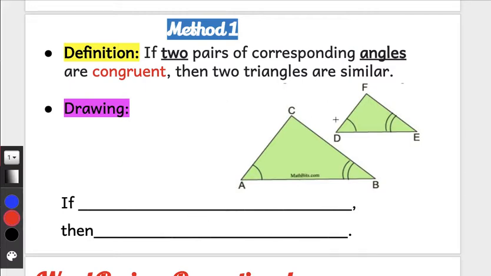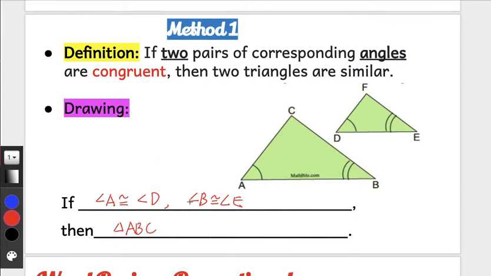So if we check these 2 pictures here, there are 2 triangles, one bigger and one smaller. According to the definition, if angle A is congruent to angle D, that's one pair, and angle B is congruent to angle E, that's another pair. Then we can come to the conclusion, triangle ABC.